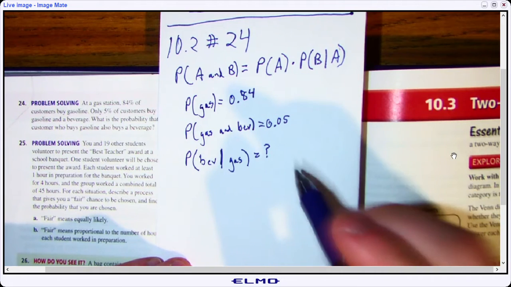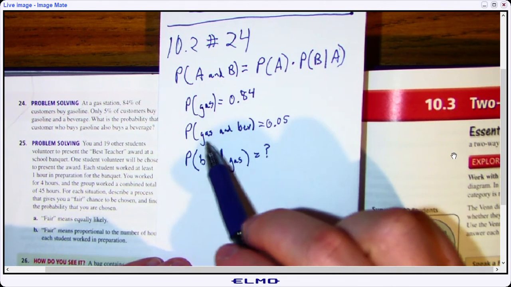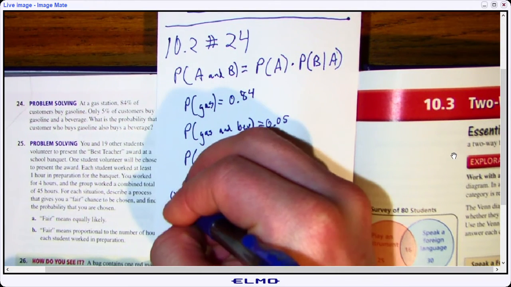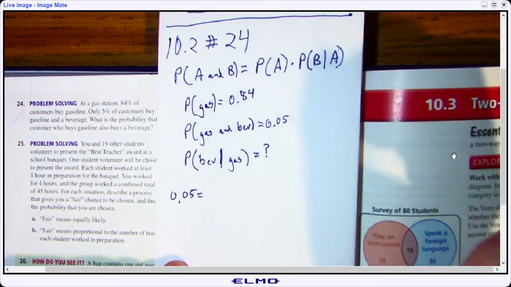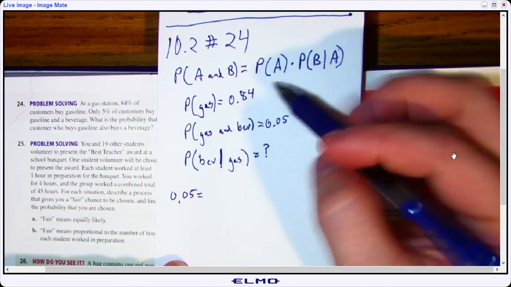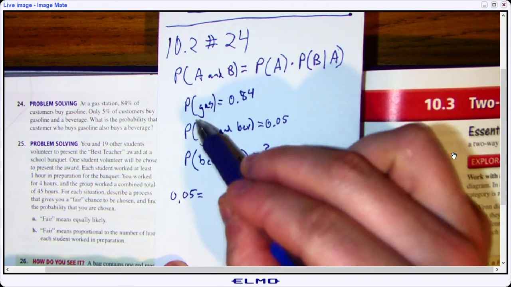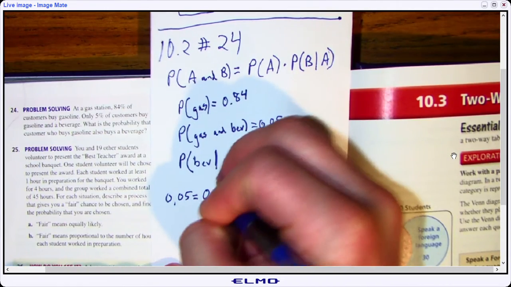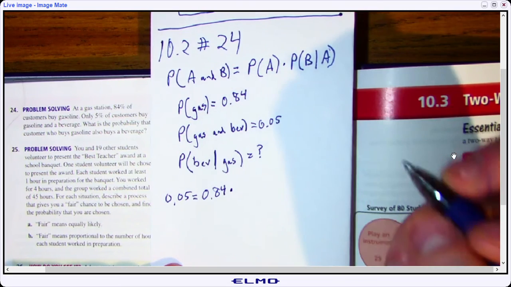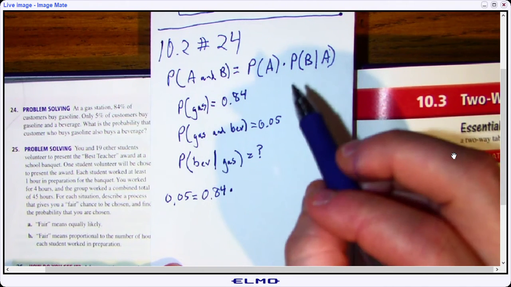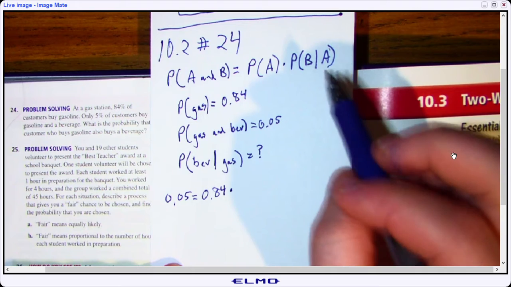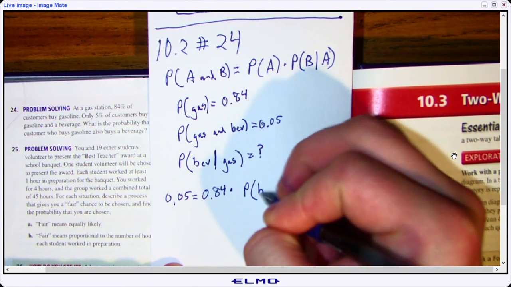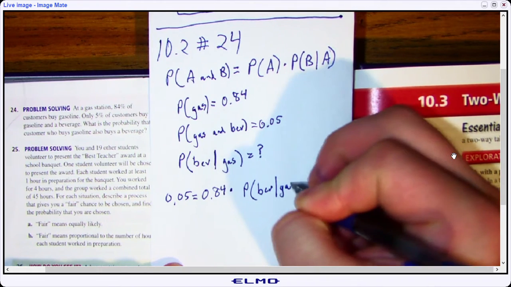So let's do it. Probability of A and B, that was the probability of buying gas and a beverage. That was just 0.05. And then that'll be equal to probability of A, which in this case is the probability of buying gas, 0.84, multiplied by the probability of B given A, which is the probability of buying a beverage given that you bought gas.